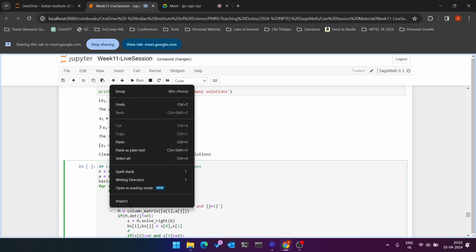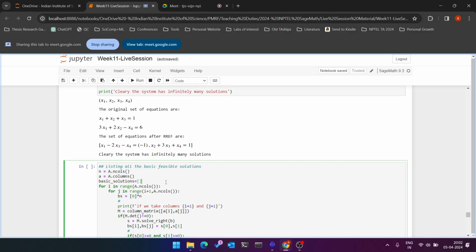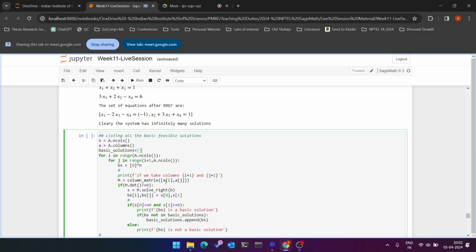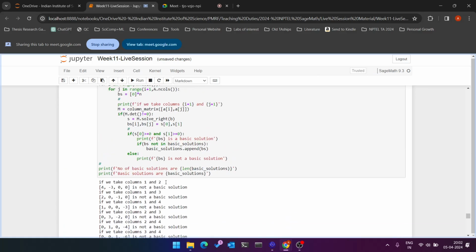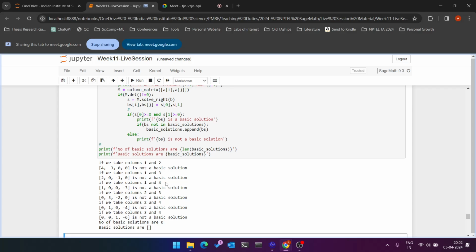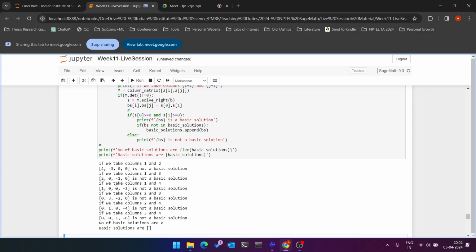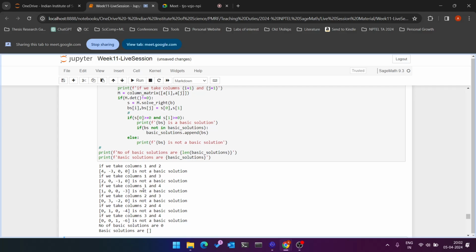Again, the same look that you have done in the previous problem to find my basic feasible solutions by taking two columns at a time. So first and second column give us the solution as 4, -3, 0, 0. First and third column give us 2, -1, 0.